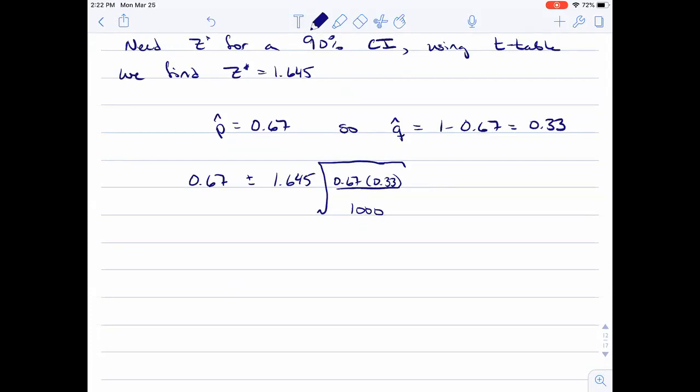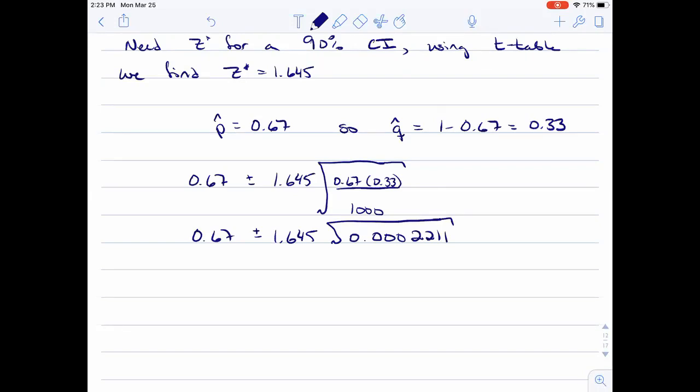So if we go ahead and do 0.33 times 0.67, and then I'll just go ahead and divide it by 1,000 right away. Then I get 0.67 plus minus 1.645 times the square root of 0.000221 1.